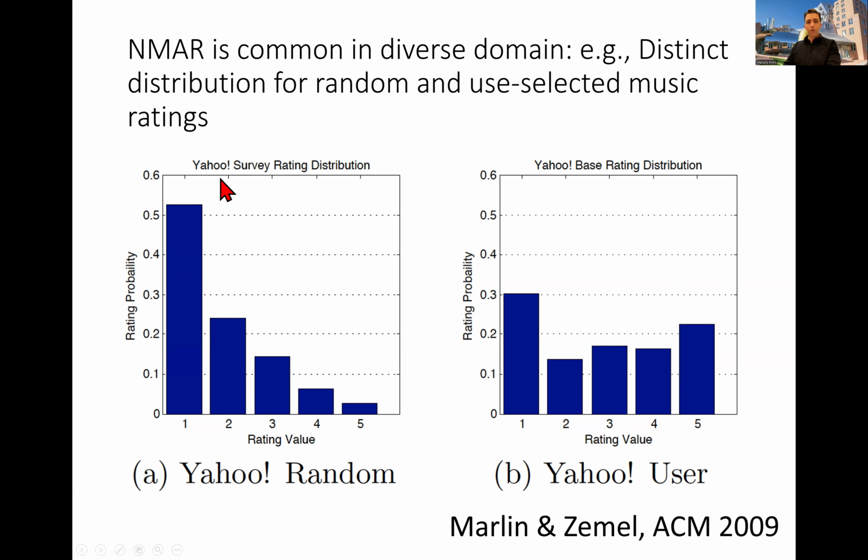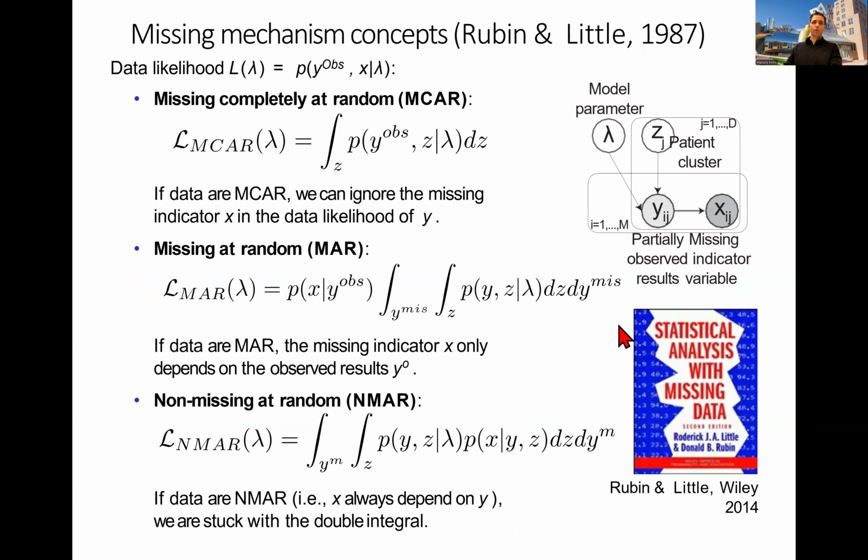So Yahoo and others have been using this systematically to get a much more realistic, reflective measure of the true quality of anything that's being rated, using this non-missing at random model.